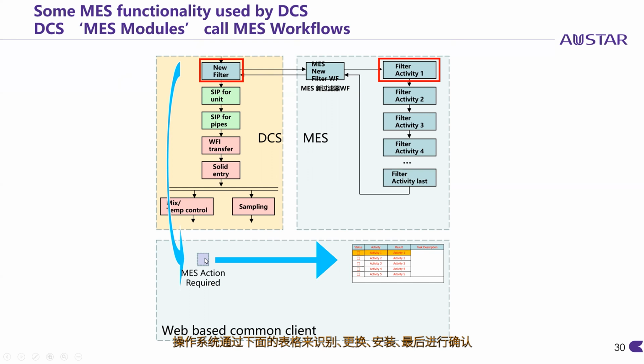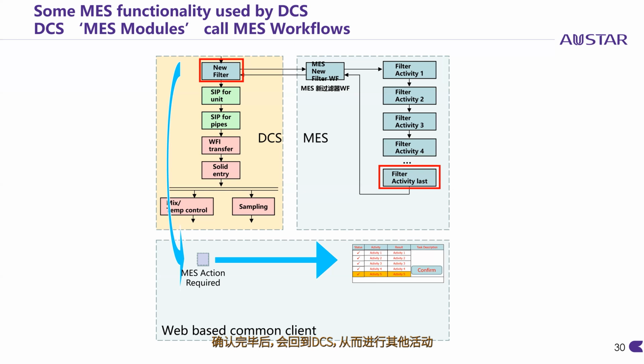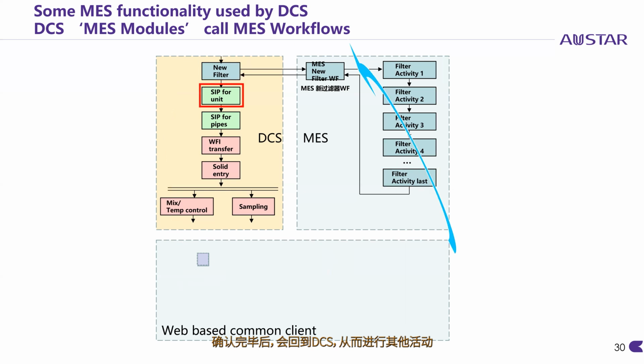And the operator, when he gets here, will be able to go through a number of steps, operations that he has to do to identify the filter, to exchange it, to build it in. And finally, it will come to the last operation, like confirming that everything went okay. When he does this confirmation, we will tell this function that we are done.